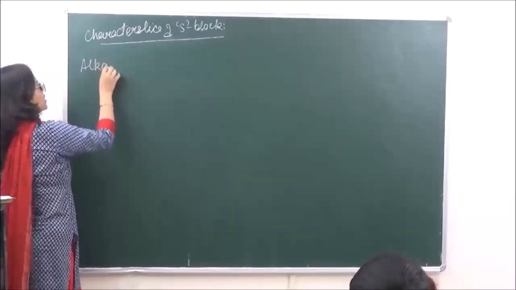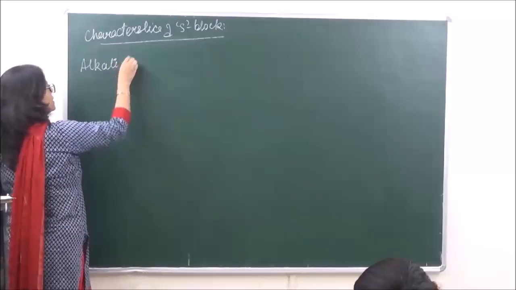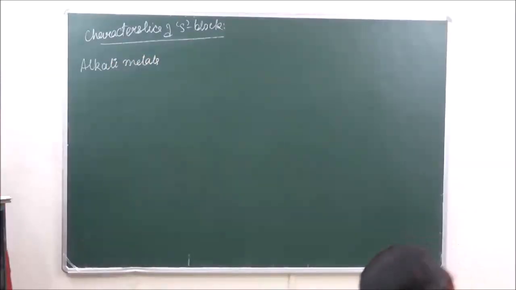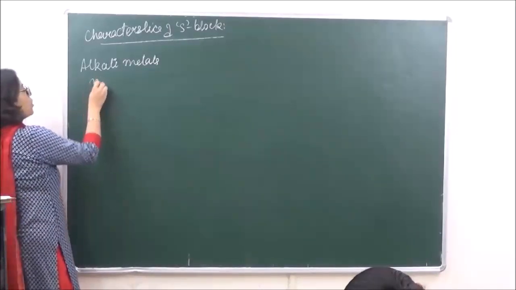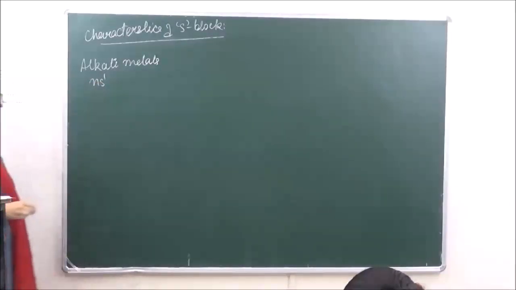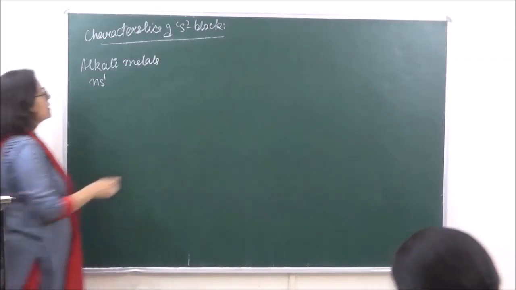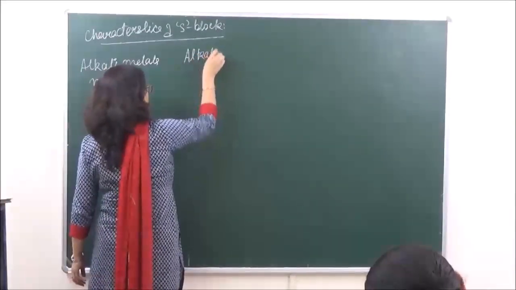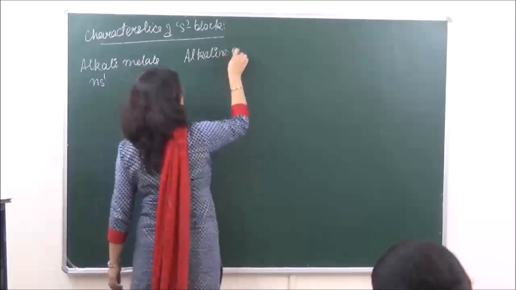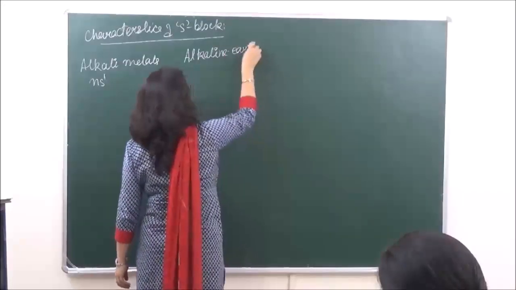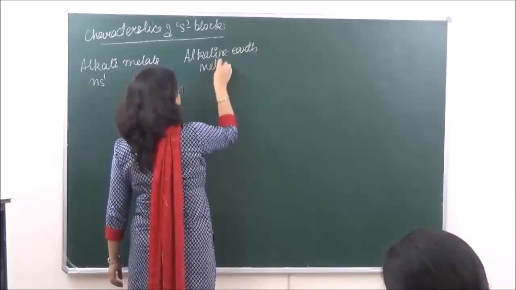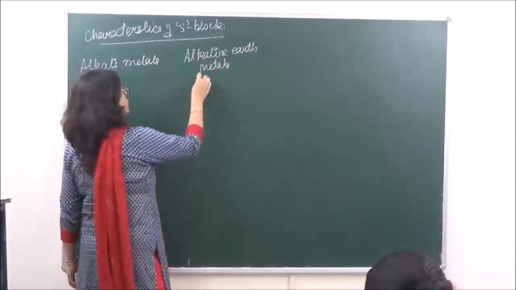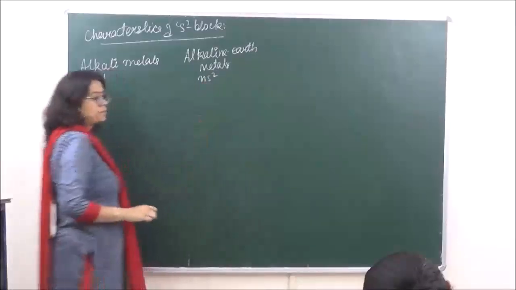only two groups, one which is known as the alkali metals with general electronic configuration of NS1, and the other one which is known as the alkaline earth metals with general electronic configuration of NS2.